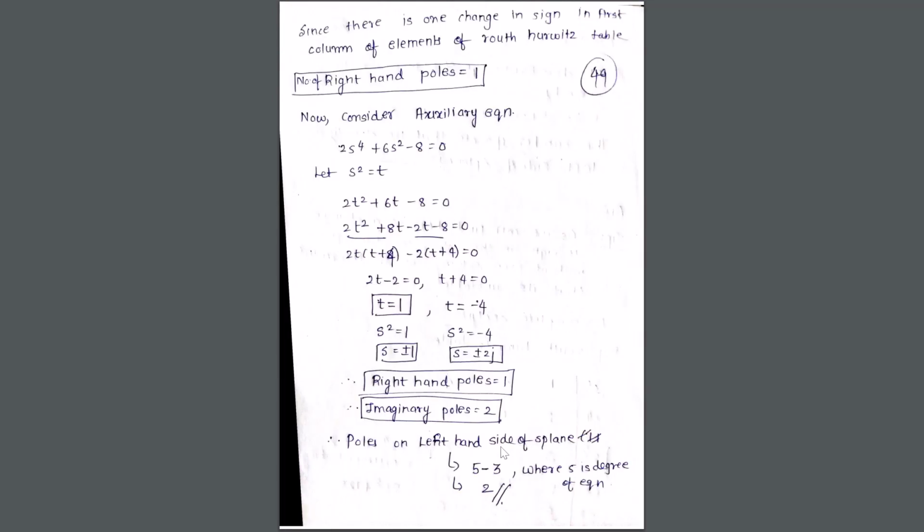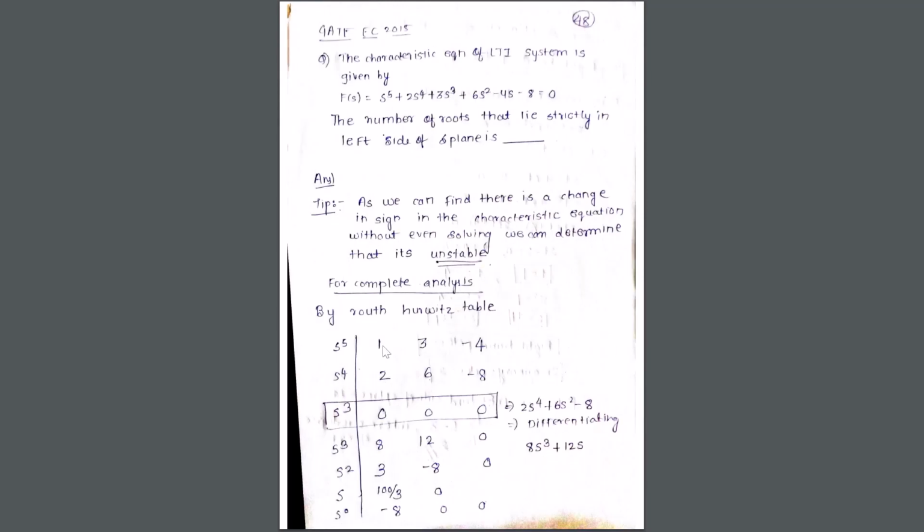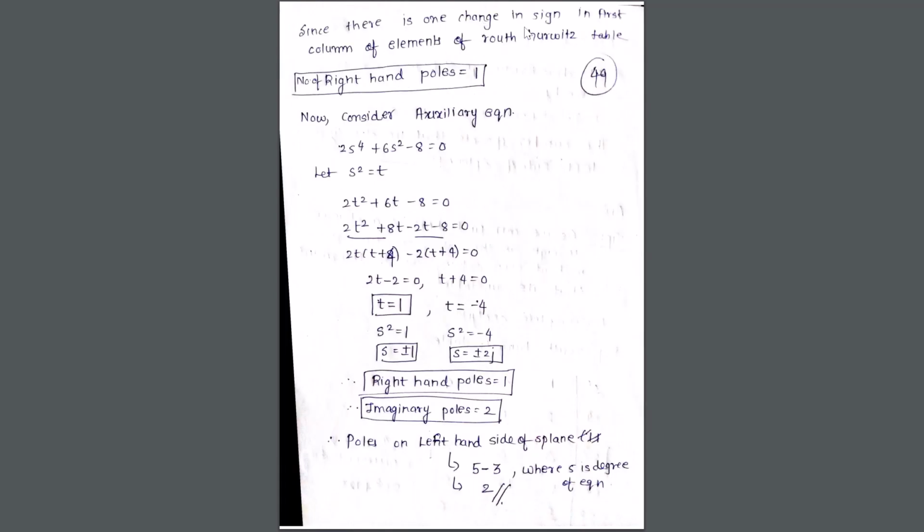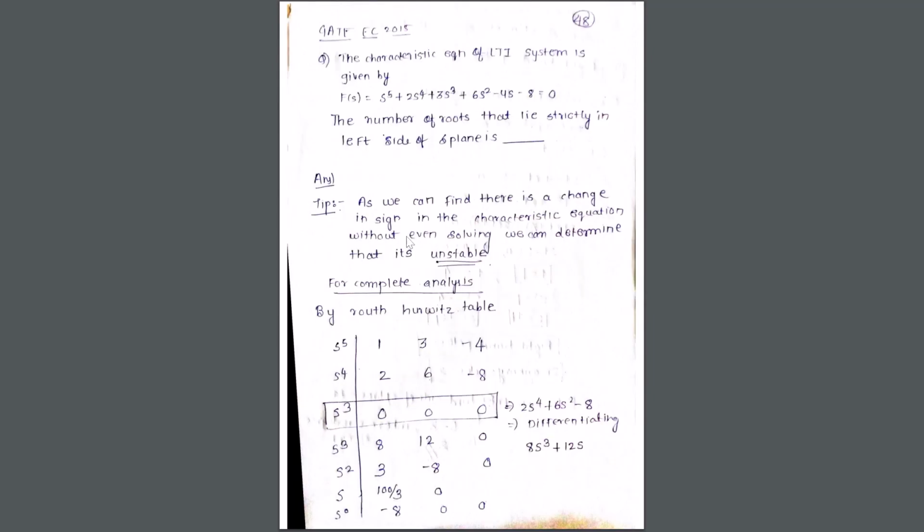Why will it be equal to 1? Because it's positive, positive, positive, positive, positive, and then there is a negative. Understood? So it is only one negative. Hence, since there is one change in sign in the first column, the number of right-hand poles is equal to 1. Now consider the auxiliary equation.